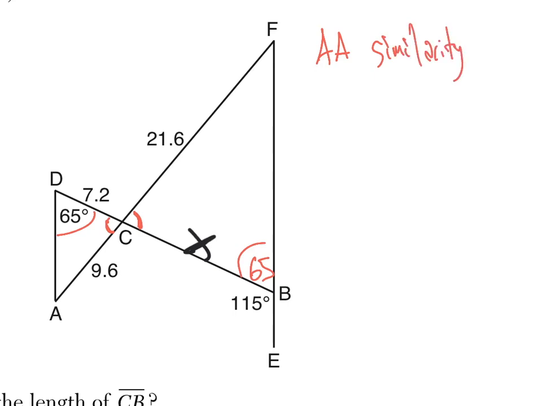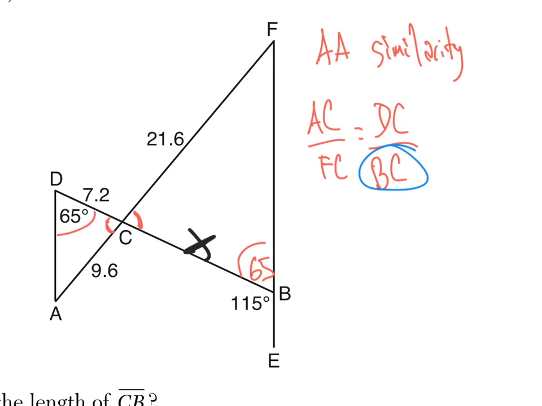This is great. So now what we're going to need to do is set up this proportion, and I know that AC over FC equals what? DC over BC. And again, this is what we're trying to figure out right here. So now let's plug in the numbers and the variables, and we'll see if we can solve for x.